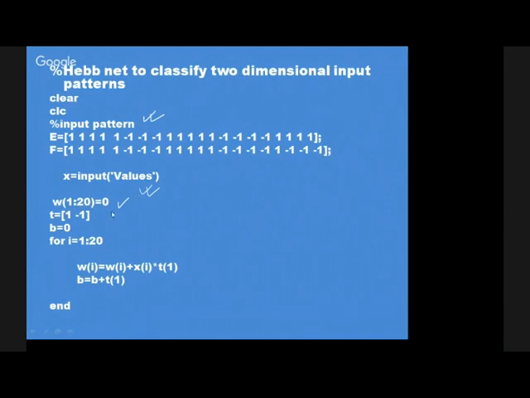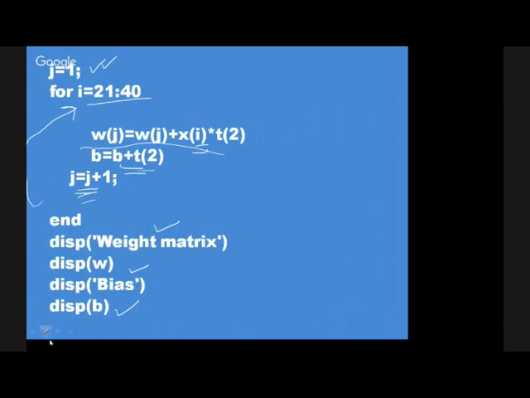This is your W, this is your target, this is your bias, this is your loop for the first case, for C1, this is your B, and this is the final end. Similarly, for the other case, you can also note it down.